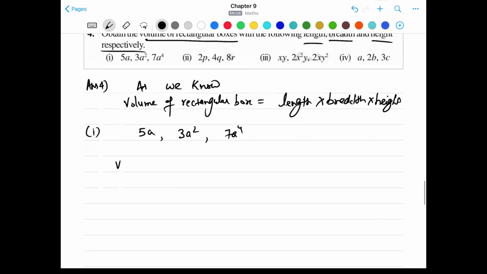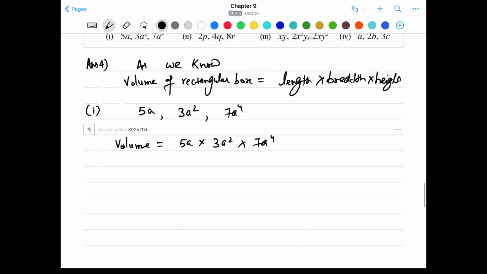So the volume for the first one will be equals to 5a multiplied to 3a square multiplied to 7a power 4. Okay, so first we are going to multiply all the numbers, that is 5 into 3 into 7, and close them inside the bracket, and into this a into a square into a power 4.